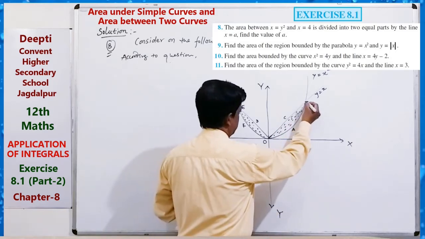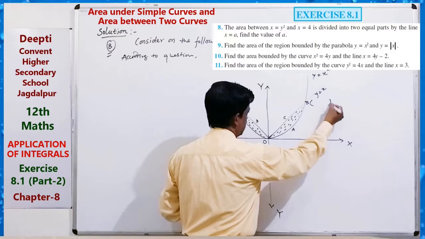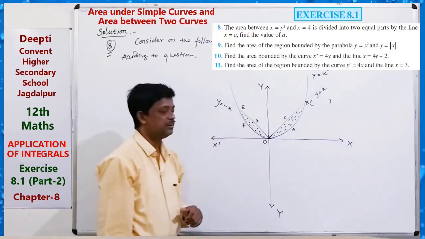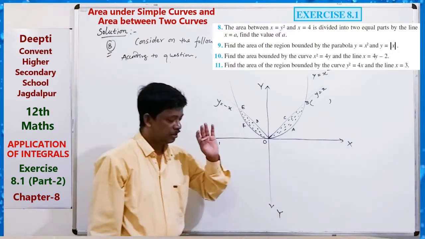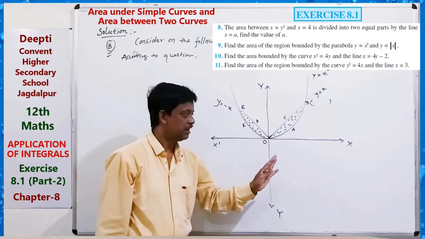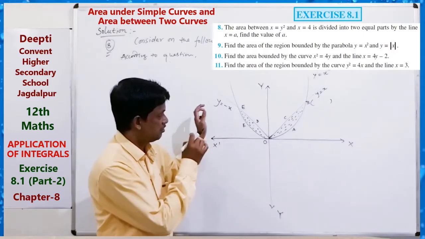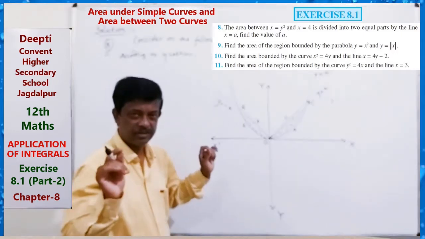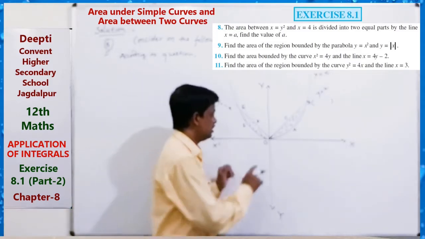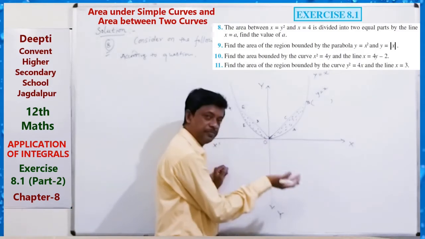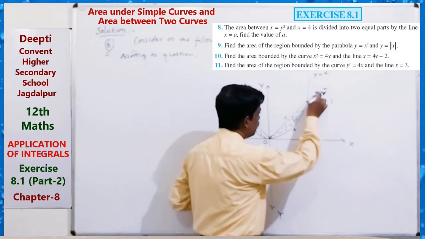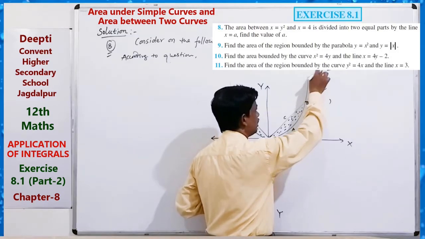Now we need the corner points. For a closed area, if there are corner points, you have to find the coordinates of those points. Here this is 0, 0. Here y equal to x and y equal to x square.